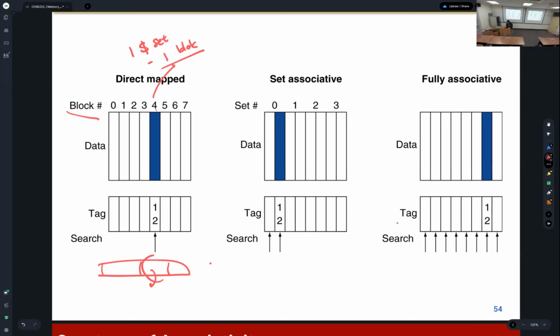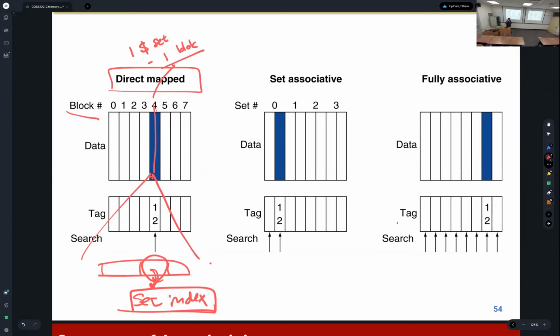The part of the address field determines the set index. Memory blocks that have the same set index are mapped to the same set of the cache. But in the direct mapped cache, one cache set can store only one block. So we can just compare one cache entry.